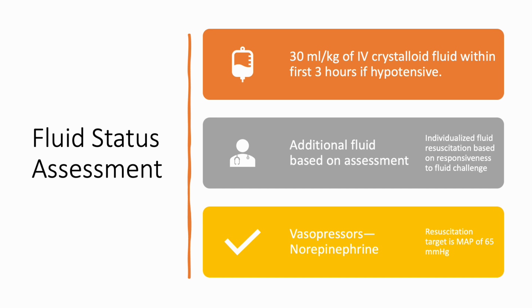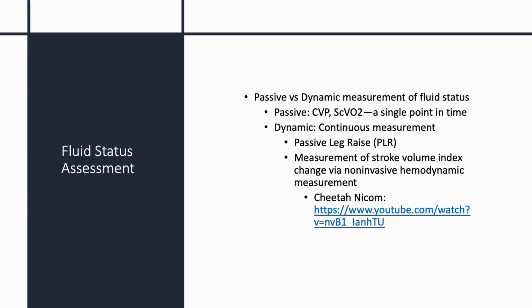You want to give additional fluids, but it should be adjusted based on the patient's response to fluids through ongoing assessments like blood pressure, urine output, and clinical signs. If fluid resuscitation does not adequately raise blood pressure, norepinephrine is recommended as the first-line vasopressor. The goal is to maintain, again, a MAP of at least 65 to ensure adequate tissue perfusion.